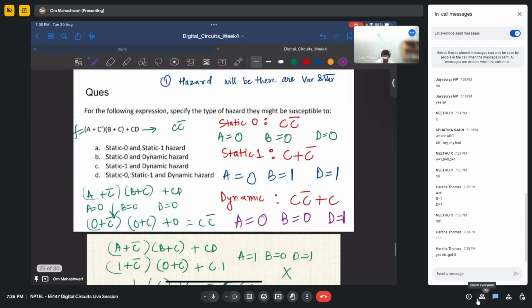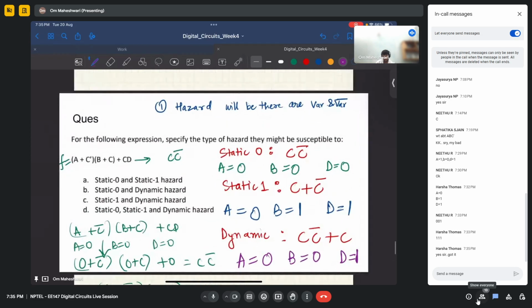Okay. So now we have seen with some combinations of A, B, and D, we can get all three hazards in this expression, right? So this expression has static 0, static 1, and dynamic. All three hazards are possible in this answer. So answer is option D, right?